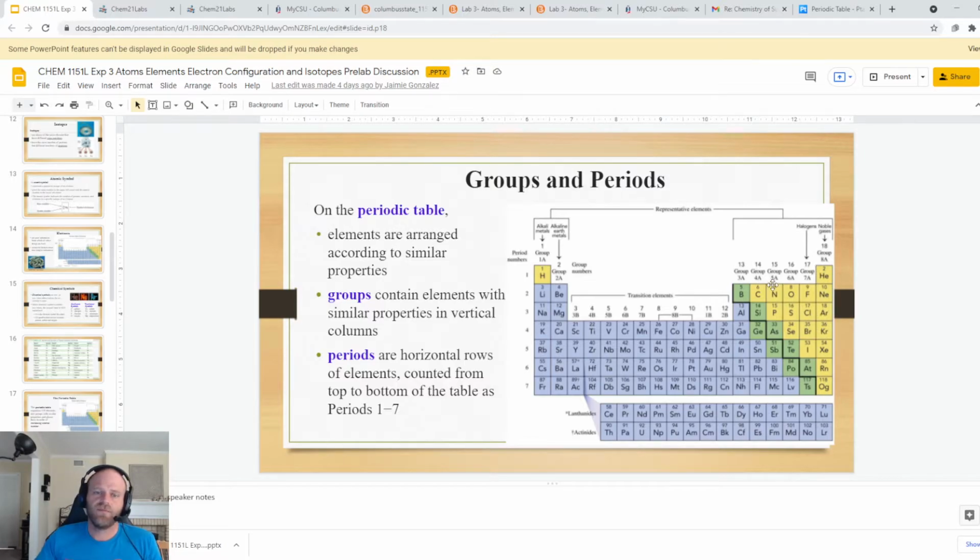So there are different ways that we can classify these elements, but groups go up and down, columns, and then the periods are by rows. Okay, so across the board, those are called the periods or the rows.